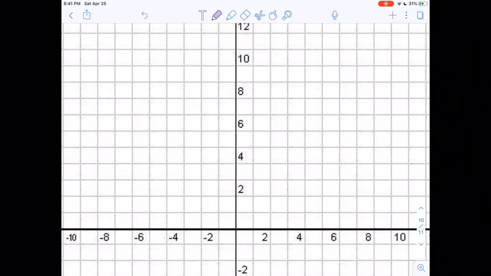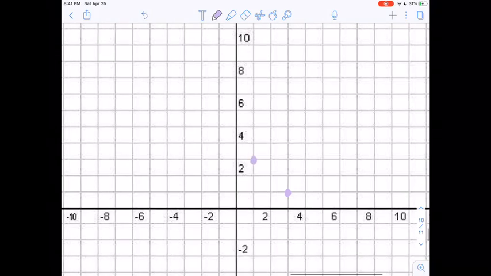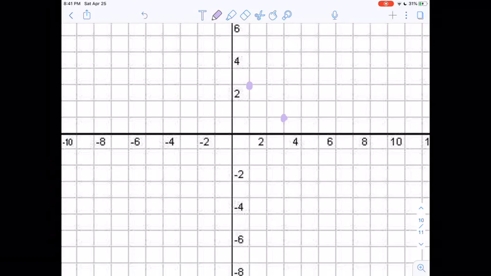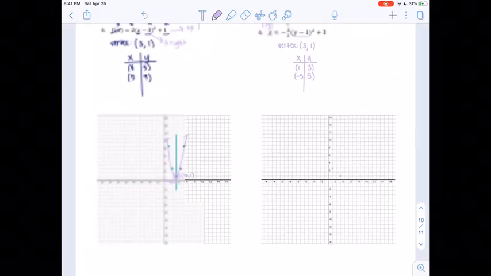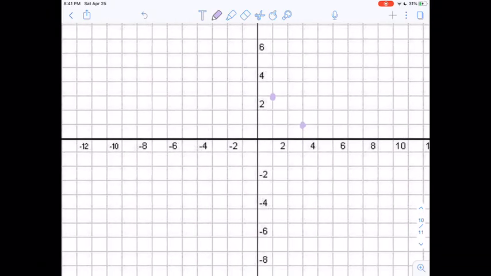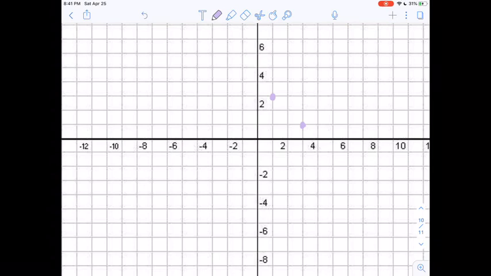So 3, 1, then I have 1, 3, and then I have negative 5, 5.